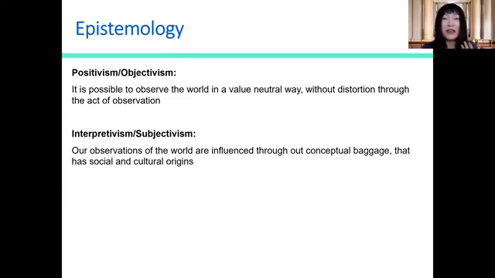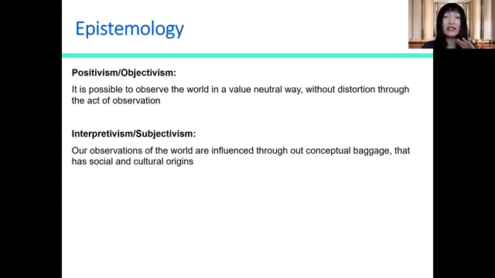So how we know that it is a pyramid, how we know about the reality, depends on how we interpret the reality. So it is not that there is only one answer or one single reality, whereas subjectivism or interpretivism believes that it depends on how we interpret reality.